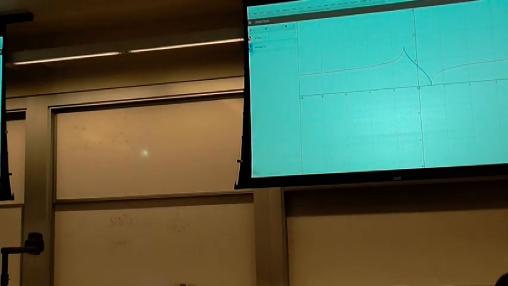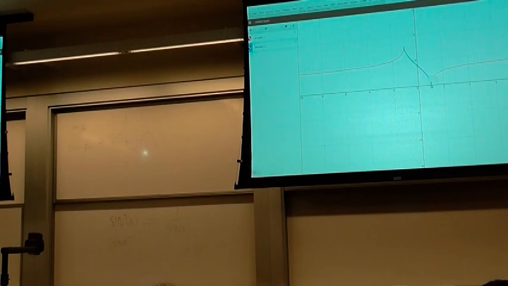secant function from 0 to pi, okay? And the ranges are complementary. The range of the arc cosine is from, I'm sorry, not the range, I mean, the domain.